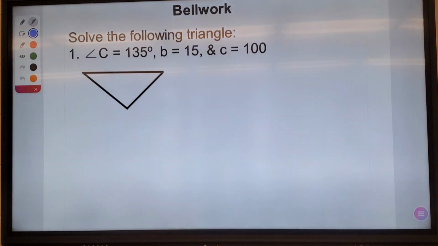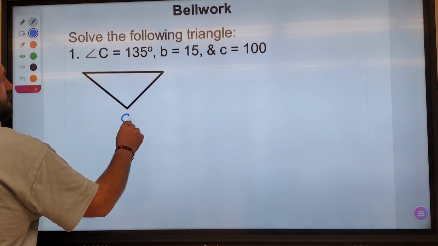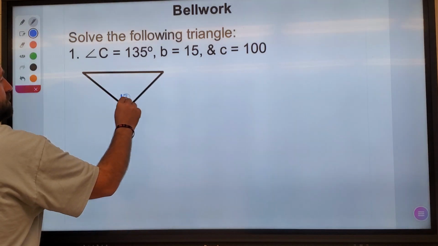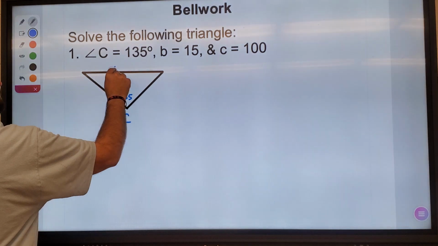So on here, bell work wise, we're going to do this triangle and we're going to use law of sines again just to reiterate that concept. So working this out, we're going to call this angle C because it's 135 degrees. I know side C is 100.